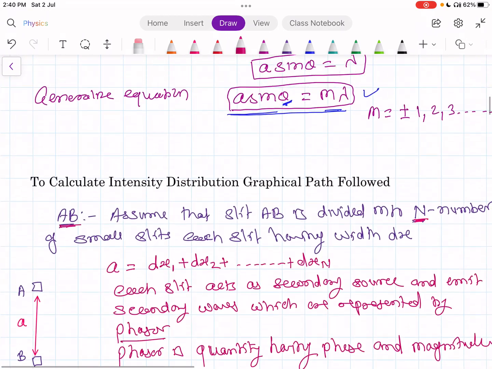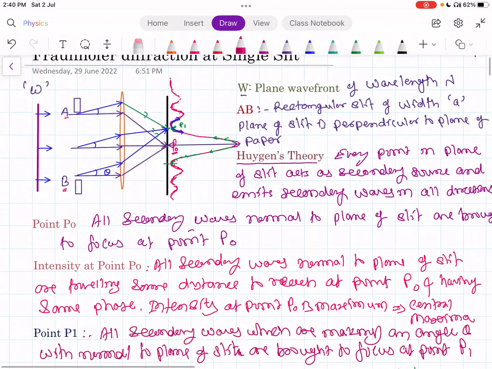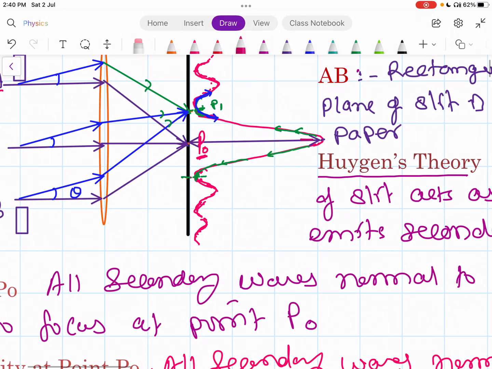Point P naught is the center point over here. So at this center point, the intensity is maximum.